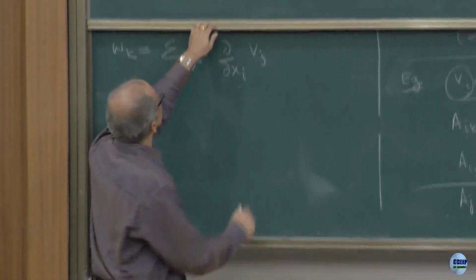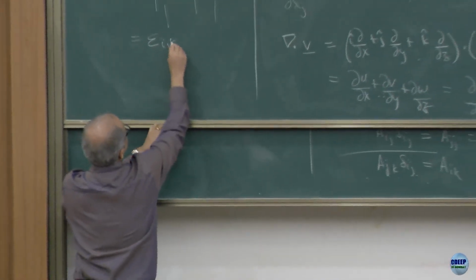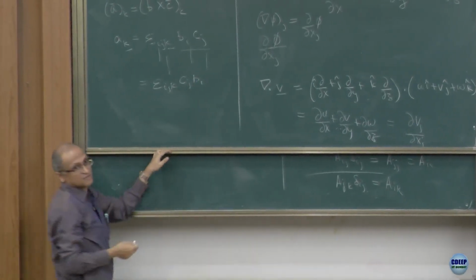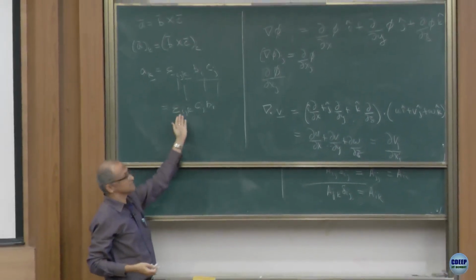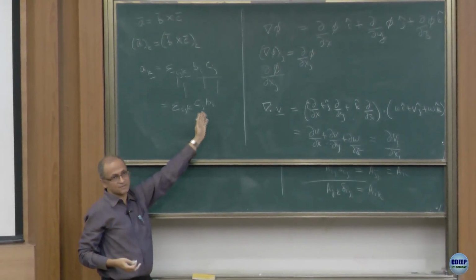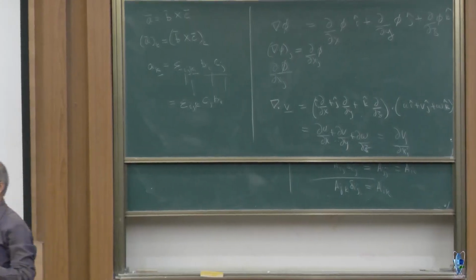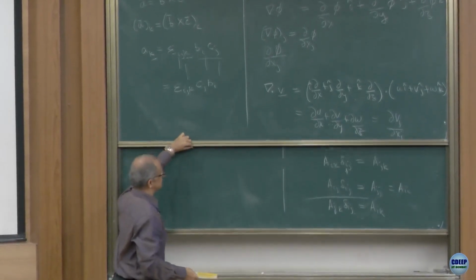In the earlier case, I could have interchanged this and said that this is nothing but epsilon ijk cj bi. There is nothing wrong in there, because as I said, these are just numbers, and in algebra they can be interchanged. But when it comes to derivatives, we have to be careful.